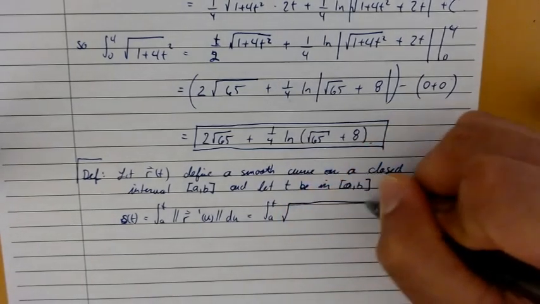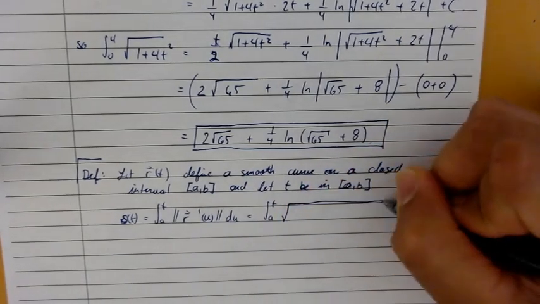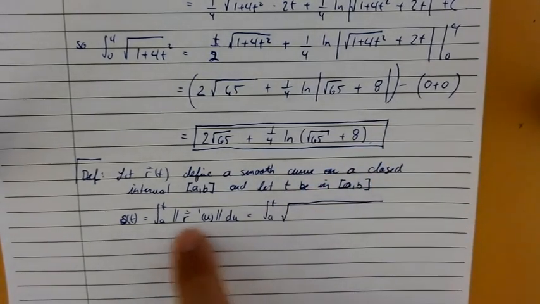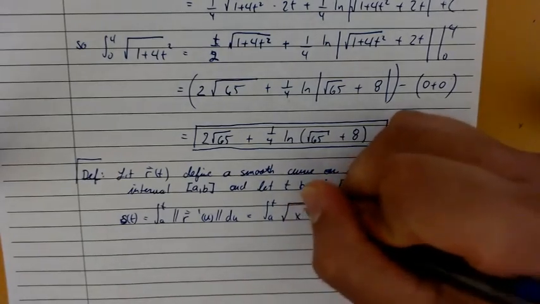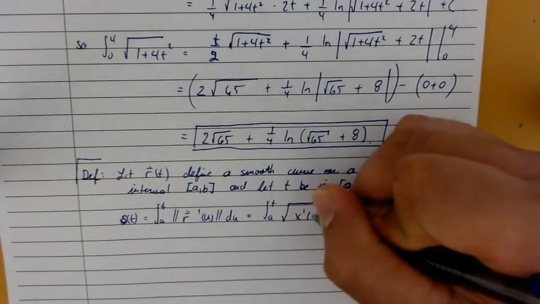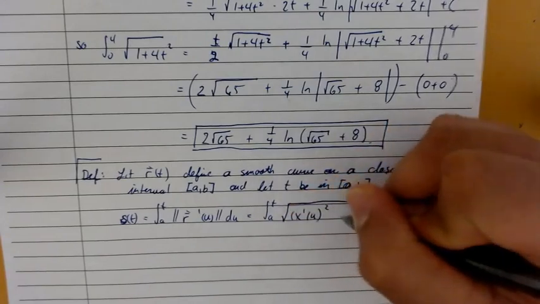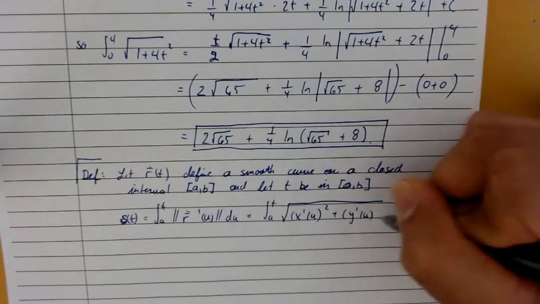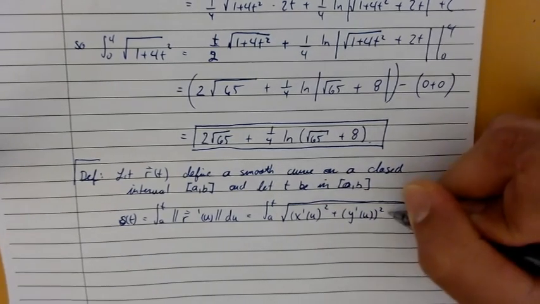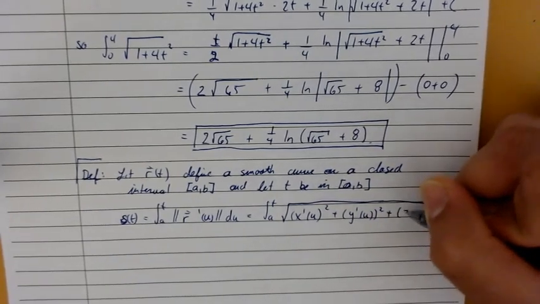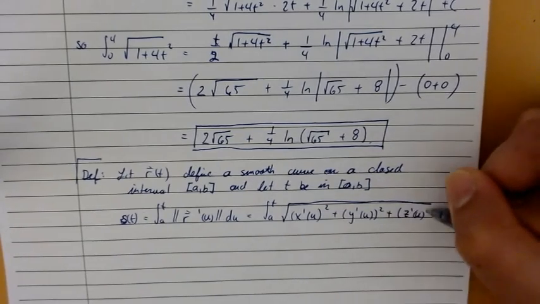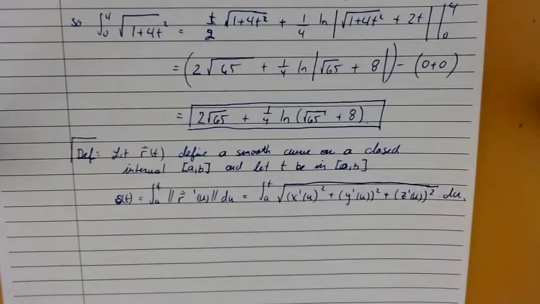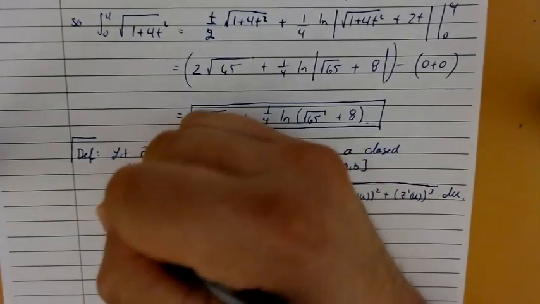But in any event, for space, which is what we're looking at primarily here, it's the integral from a to t of the derivative of each component squared and then added together under a square root. This is called the arc length parameter.